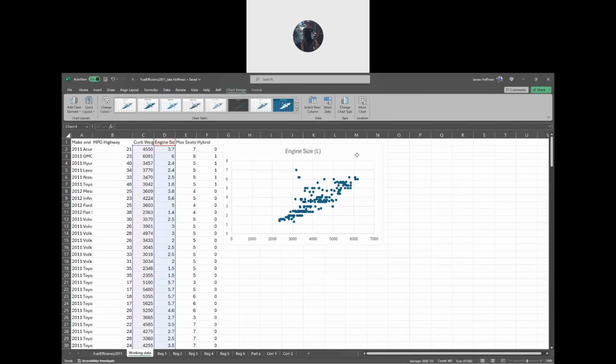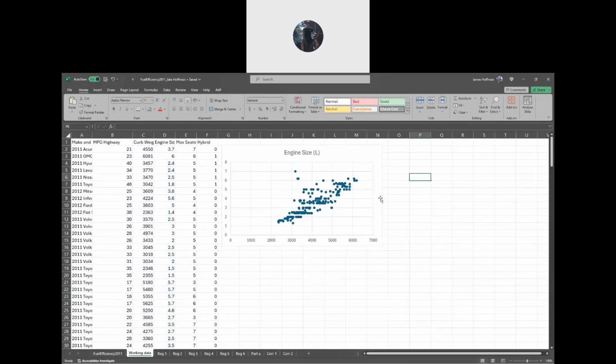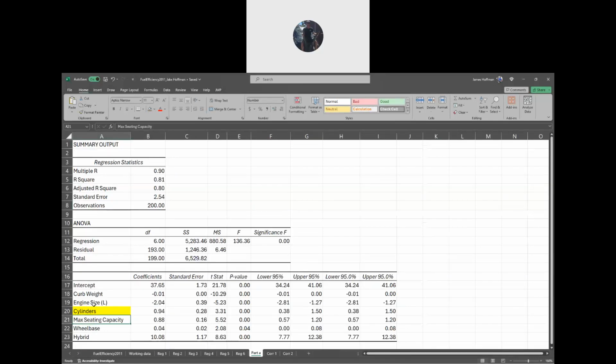And those are still pretty correlated. Take it out. Yeah. So now it's engine size versus curb weight. Still a lot. Good point.